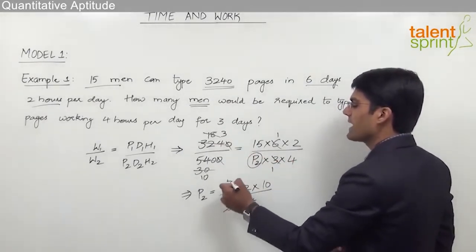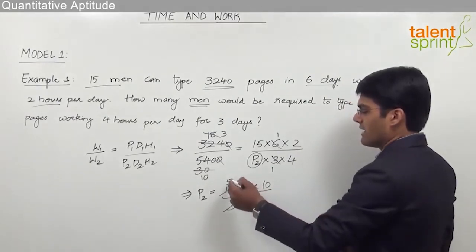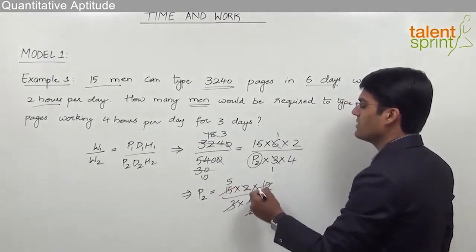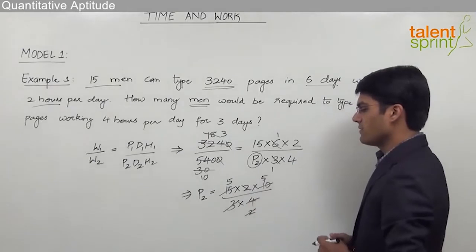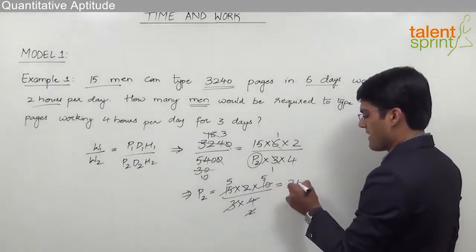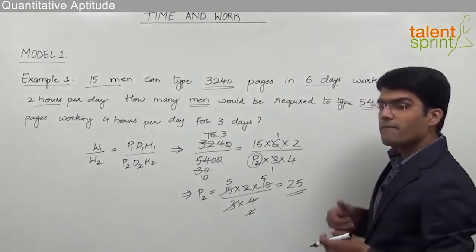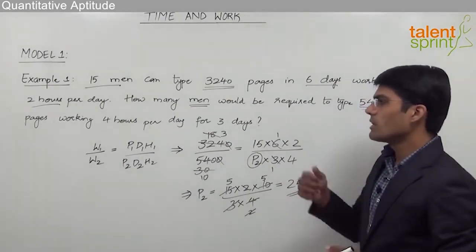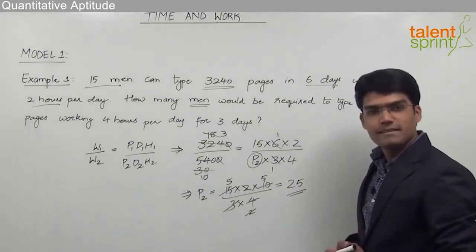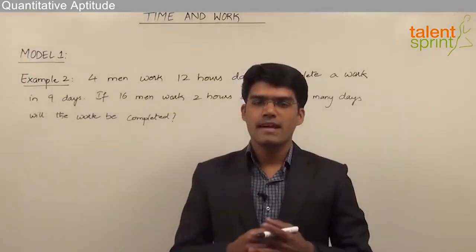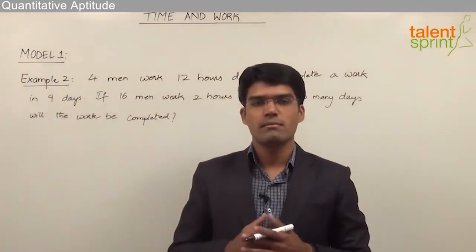And this 3 gets cancelled 5 times and 2 here goes 2 times and 2 into 5 is 10. So the answer here should be 25. That means we can say that 25 men are required to type 5400 pages working 4 hours per day in 3 days. Let us now take another example based on model number 1.